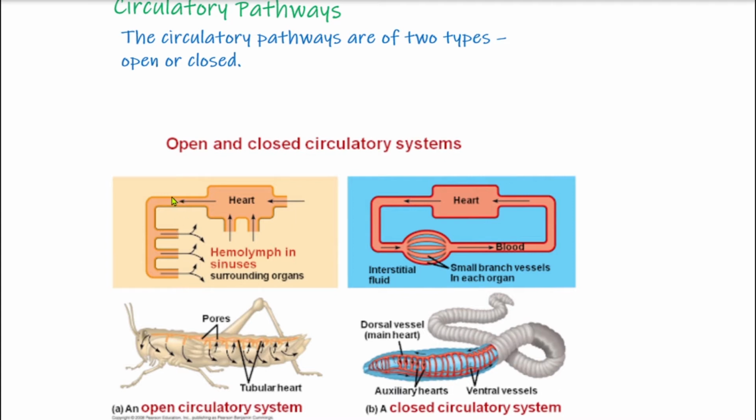So blood pressure always remains low. But as these blood vessels are closed, pumping of the heart produces high blood pressure through them. So pressure of blood is always low in open type of circulatory system, whereas in closed type, pressure of blood is always high.